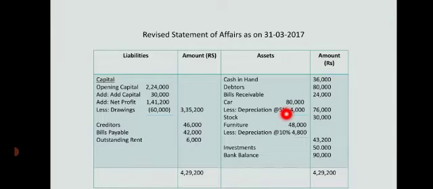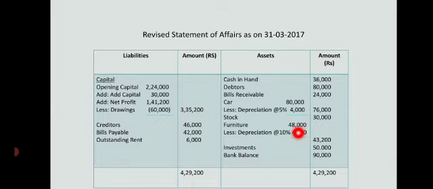I have already said whatever is given in the adjustments will appear twice in your solution in two different statements. So deduct depreciation at the rate of 5%, which we have already calculated. It will come up to 4,000. Write it in the outer column 76,000. Stock, there is no adjustment. Write as it is 30,000. Furniture, there is an adjustment. Write it in the inner column.